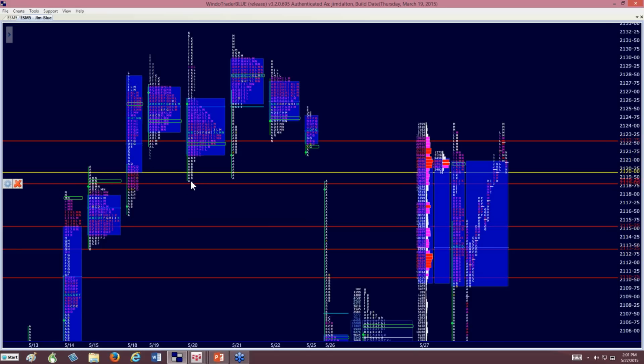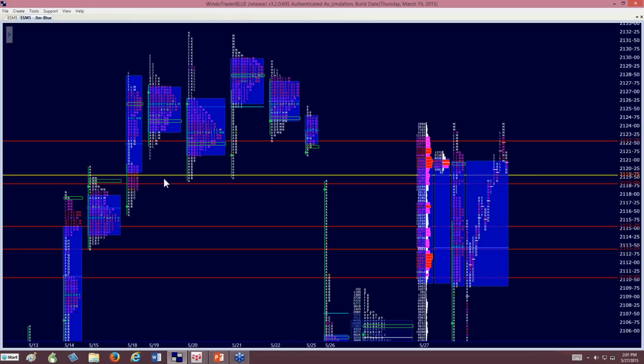This day comes down almost exactly to it. So you can just get this feeling mechanically, they're coming back to the 2119 level time after time again in there. And so, okay, if they're not taking it through, where are they going to go? You can say they're going to take it higher.